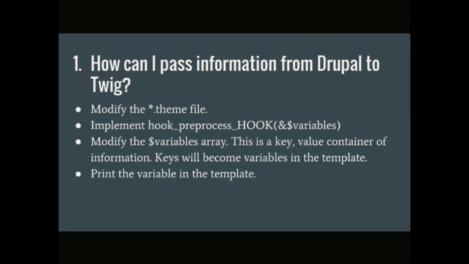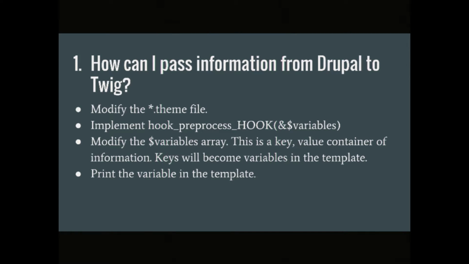So how do you implement a hook? The first part, before the word preprocess, is going to be the name of your theme. And the second one, after preprocess, the capitalized one, is going to be the theme hook suggestion that you get from theme debug. When you enable theme debug, it says theme hook node. So if we wanted to modify the node template, it would be pistachio_preprocess_node.